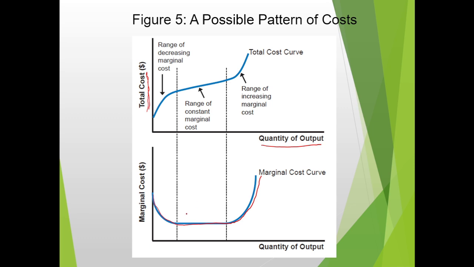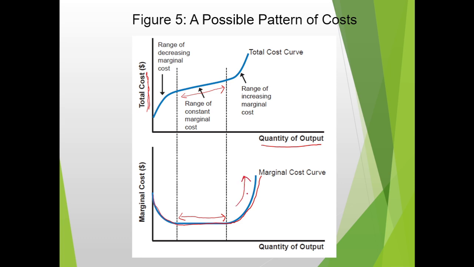When there is constant marginal cost, then the quantity of output will increase at the same pace at which the total cost is increasing. And last, we have the increasing marginal cost.